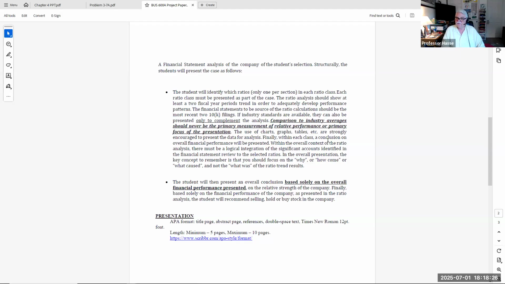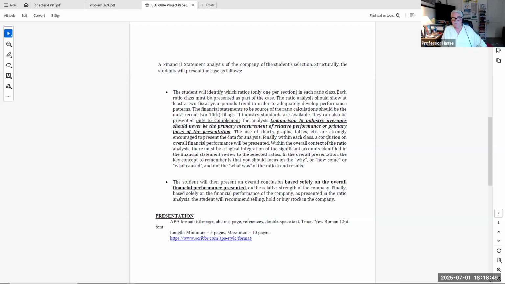If the industry standards are available, they can also be presented only to complement your analysis. I'm not looking for industry standards, but you can do an analysis of the trends of the company by taking a look at how they've performed internally, but also what that represents in comparison to the industry that they're in.